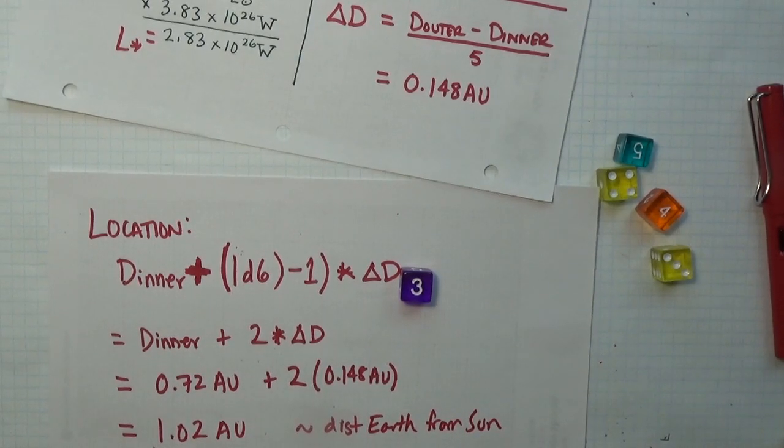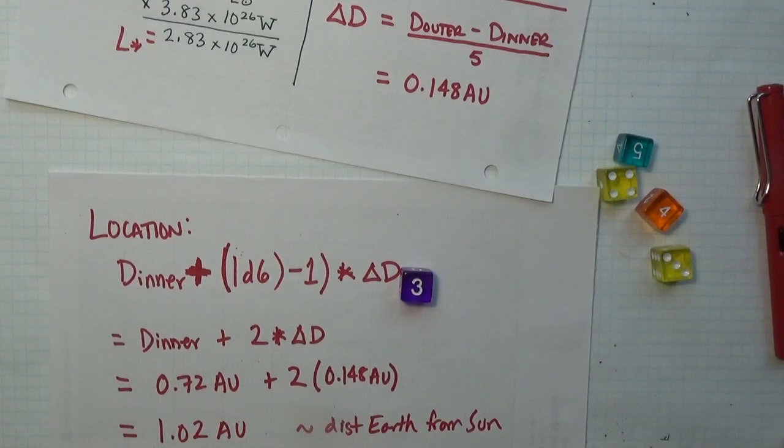Okay, and if I convert that into meters, because we certainly need to have things in metric units when we do the calculations, I get that that is 1.52 times 10 to the 11 meters.